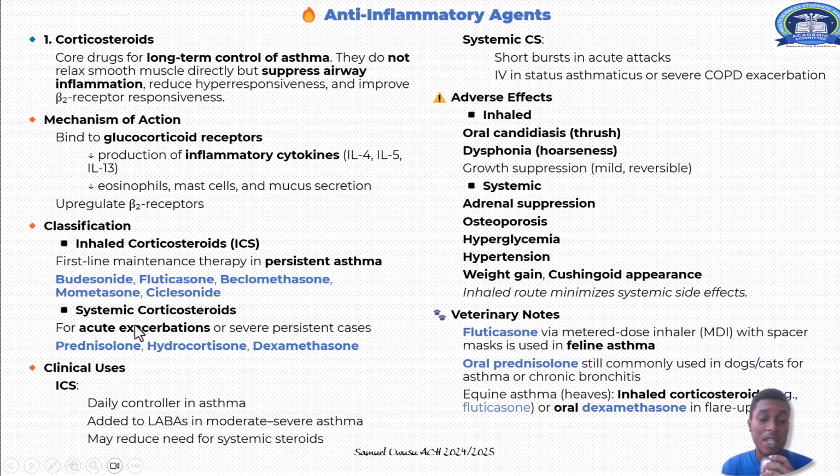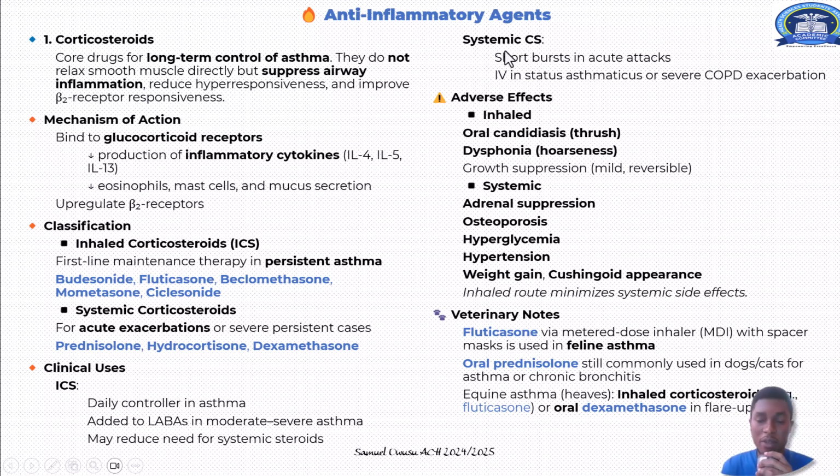If we have an acute exacerbation, you don't want to give inhaled, because we want a drug that will act faster. So we give systemic corticosteroids like prednisolone and hydrocortisone. The clinical use, like I said, is daily controller in asthma. We add them to the long-acting beta agonist, and the new general guideline is saying that we have to also add them to the short-acting beta agonist as well.